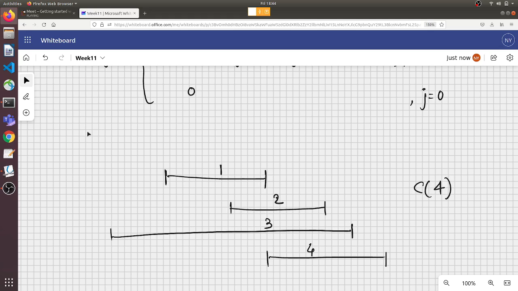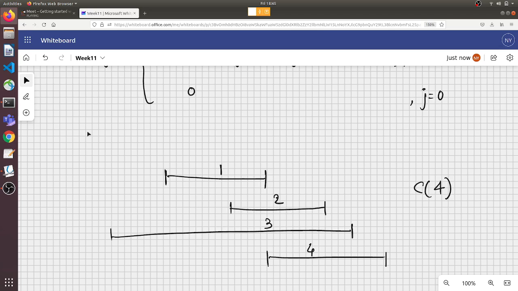So C of 4 we are trying to find here. C of 4 here is 1, because 2 and 3 are overlapping with it and 1 is not overlapping.